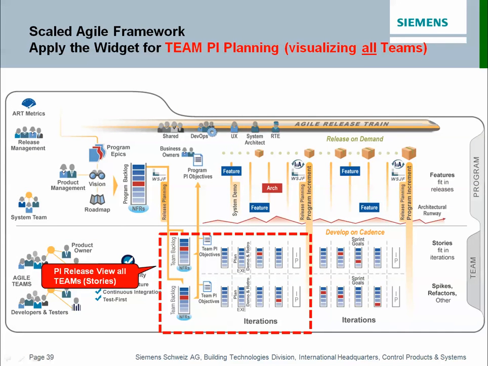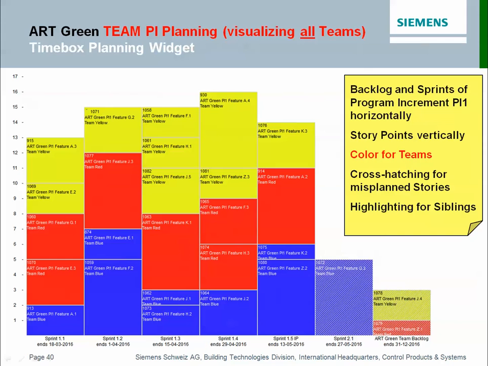So now let's go to the team PI planning. And here let's have a look at all teams for a specific program increment, for example. This is how it looks like in the Timebox Planning View. You see here now the release plan, and you see different colors. That means different teams are working in this program, for this program increment.